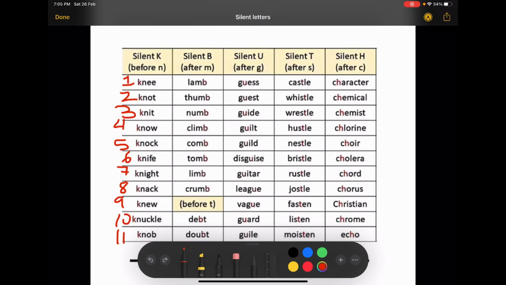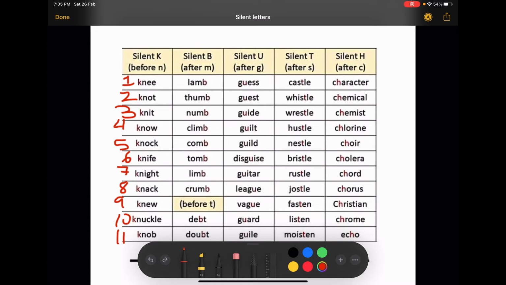For example, my feet were numb with cold. And as a verb, numb means to deprive of feeling or responsiveness. In a sentence: the cold had numbed her senses.